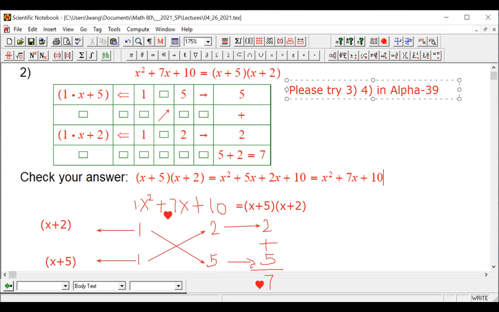Three and four. Anybody want to show your work? By Pronto or by file upload or send it to my inbox? Love to see your work.